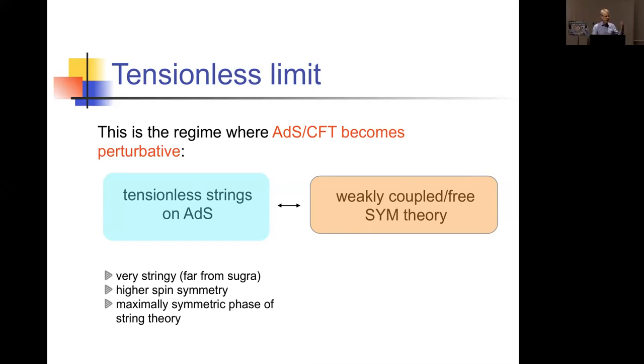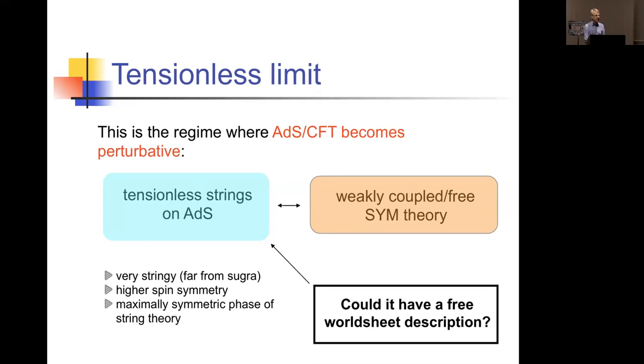Our working hypothesis, our idea, is that while it is very complicated from a supergravity perspective, it's going to be very simple from a worldsheet perspective, from the perspective of fundamental string theory.